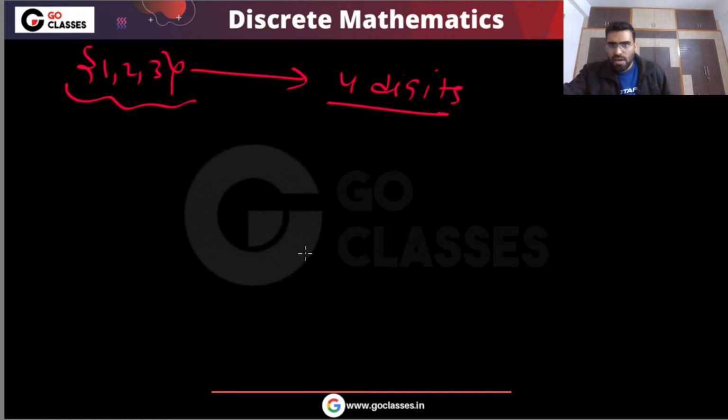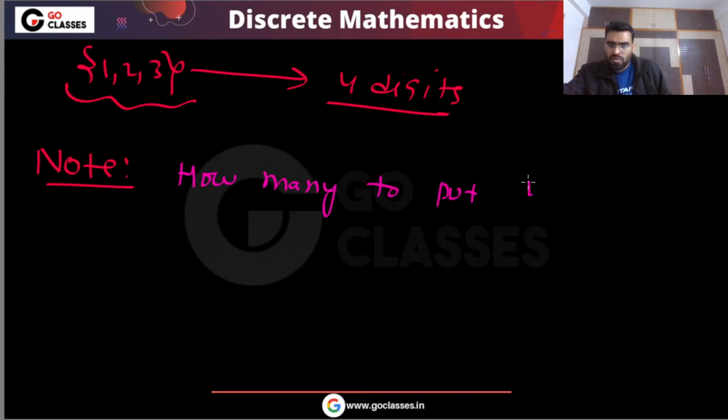Can anyone tell me, if I have four digits and I want to put them in non-decreasing order, how many ways do I have? Once I have four digits, how many ways are there to put them in non-decreasing order? Anyone?